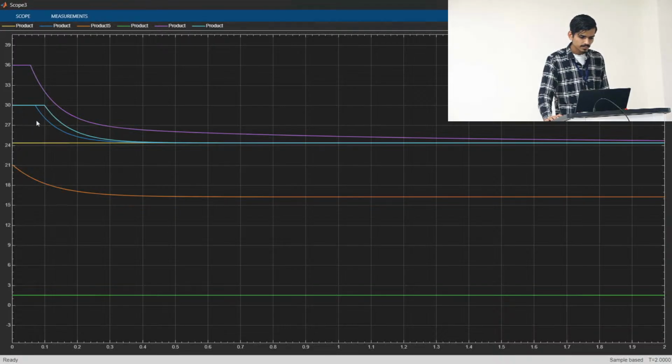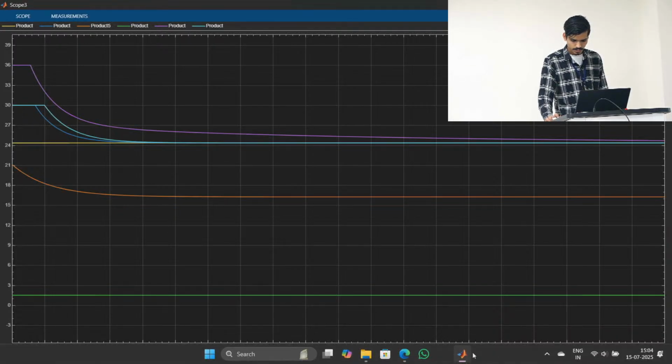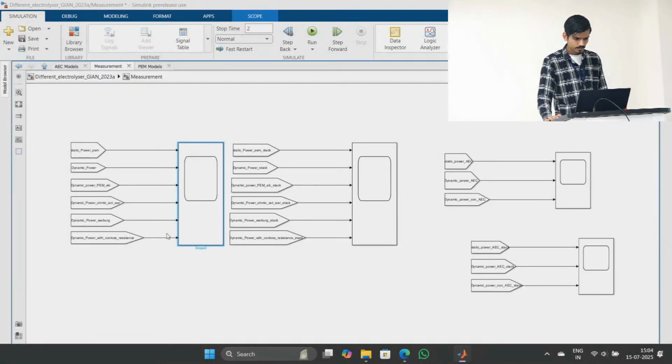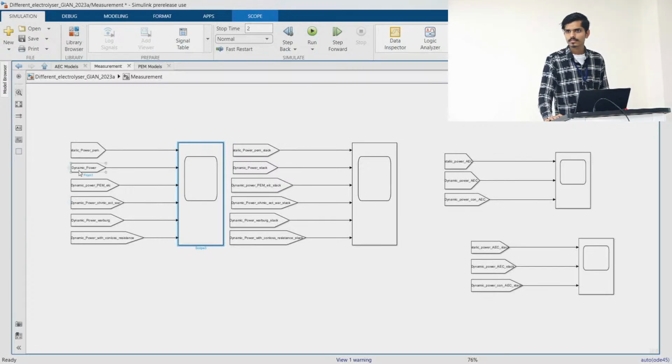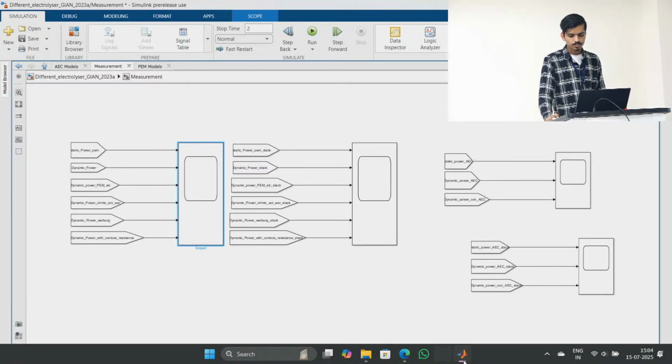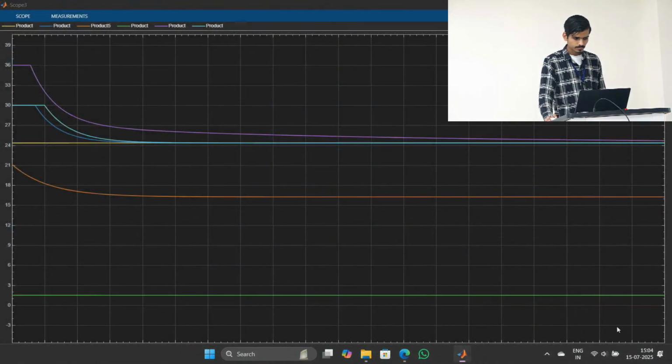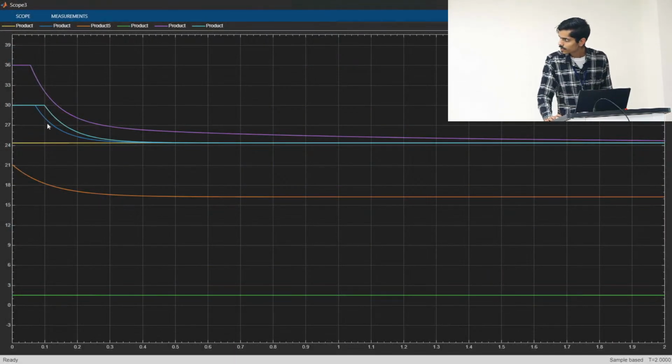In the next case, the blue one, the second one, is the dynamic power in the first case, where we are accounting for the activation losses only. It has some settling time, I think up to 0.4 second or 0.35 second. After that it overlaps the value given in the static power load.